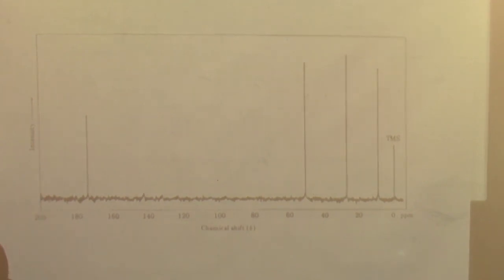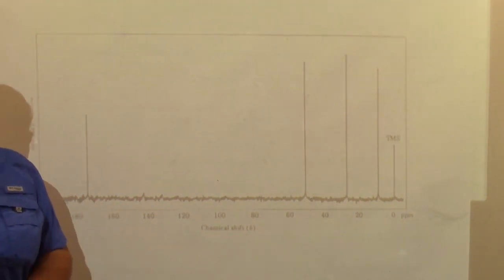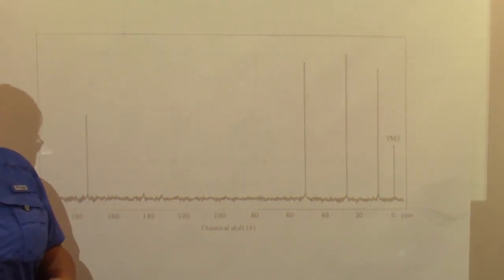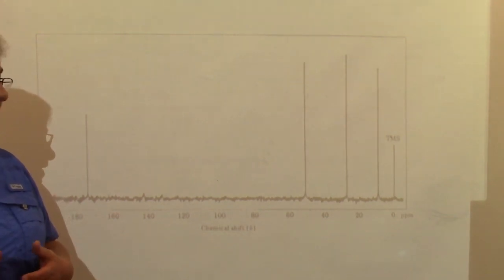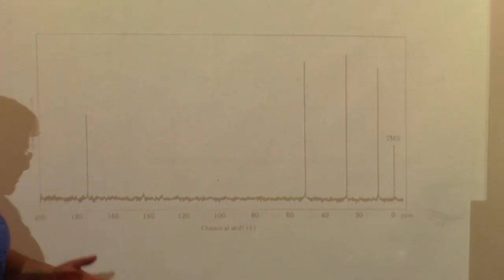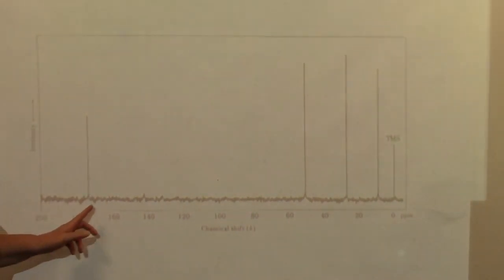And again, what you're looking at are the number of peaks, or they're often called number of resonances, that you actually see in the spectrum. So we're going to be concerned about how many peaks you see, and we're going to be concerned about where you see them. What's the chemical shift? This chemical shift is pretty far downfield, right?